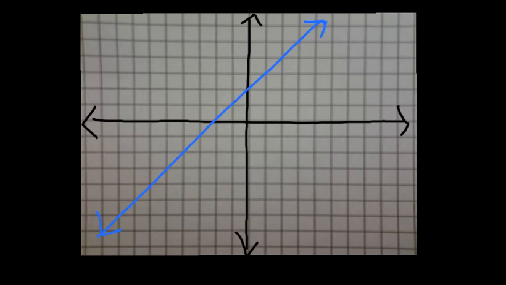Now this time they're giving us a graph, and we have to come up with a table and an equation. So whenever you get a graph and you have to come up with a table, you want to look for exact points that you can clearly identify that are on one of the crisscross marks.